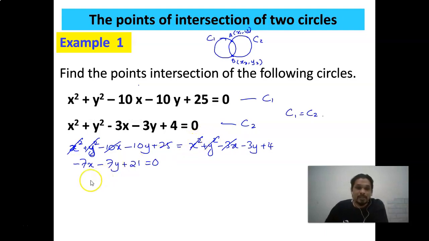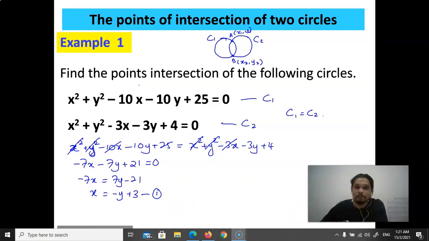So now we have negative 7x minus 7y plus 21 equal to 0, so negative 7x equals 7y minus 21. Then divide by negative 7 left and right: x equals negative y plus 3. Imagine that is equation number 1.